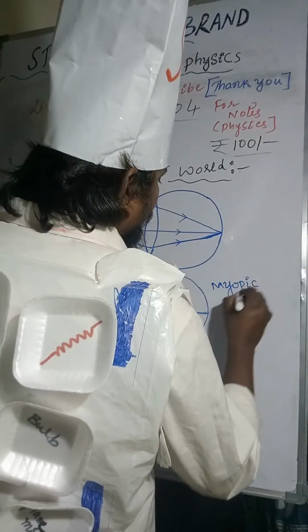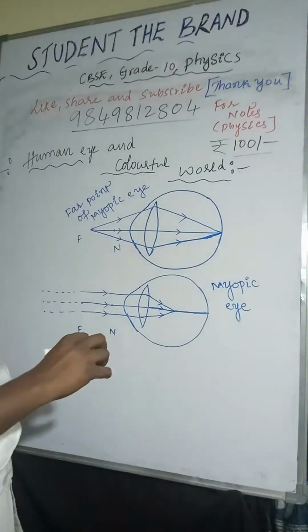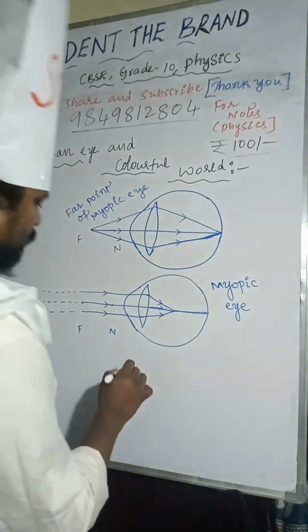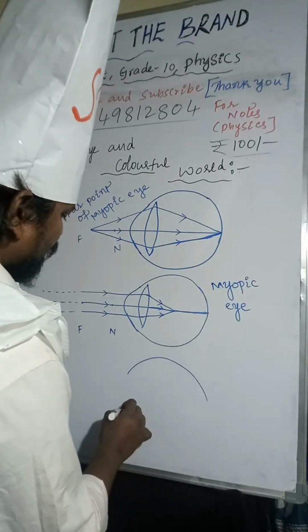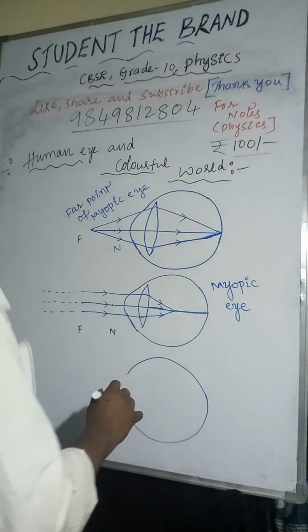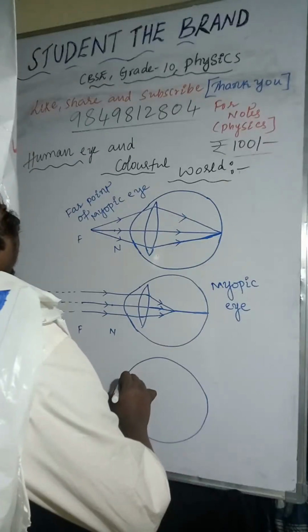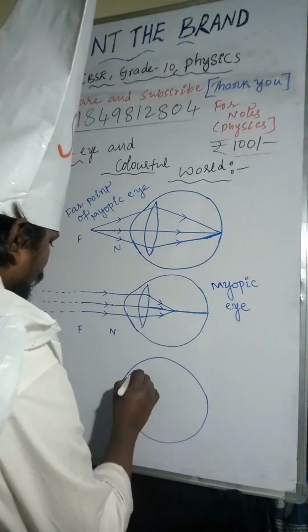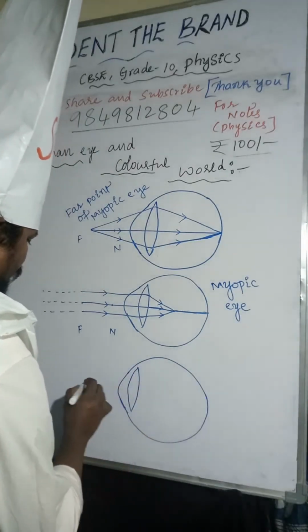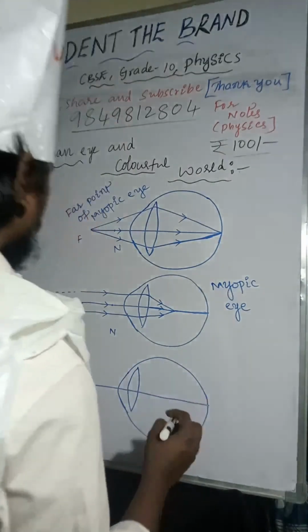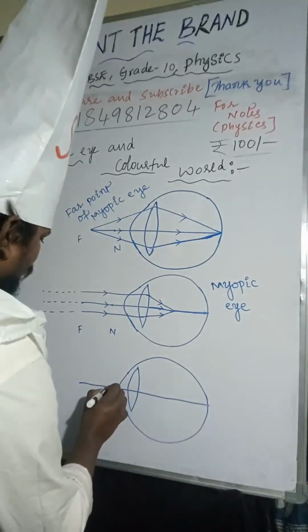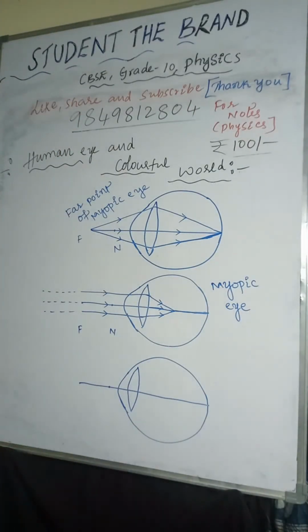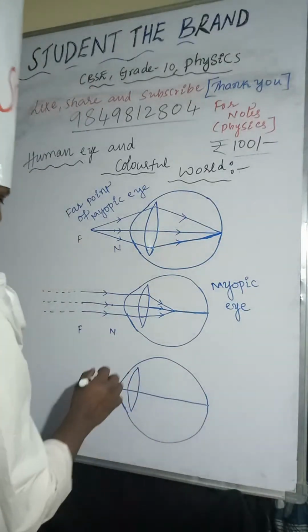Myopic eye. Okay, now here you can see far point, near point.